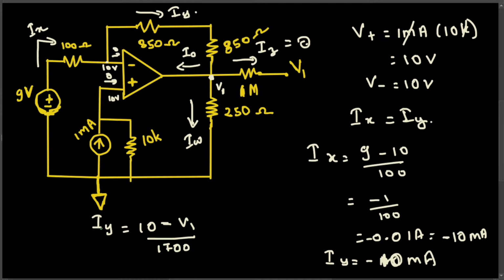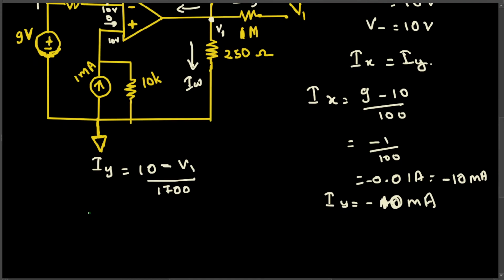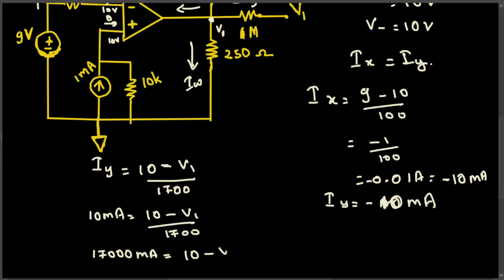And this one is 10 milliampere. Now we can plug in the value for IY. So 10 milliampere is equal to 10 minus V1 divided by 1700. If I bring this 1700 to this side, this is going to be 17,000 milliamp, and that is equal to 10 minus V1, and 1000 and milli cancel each other.